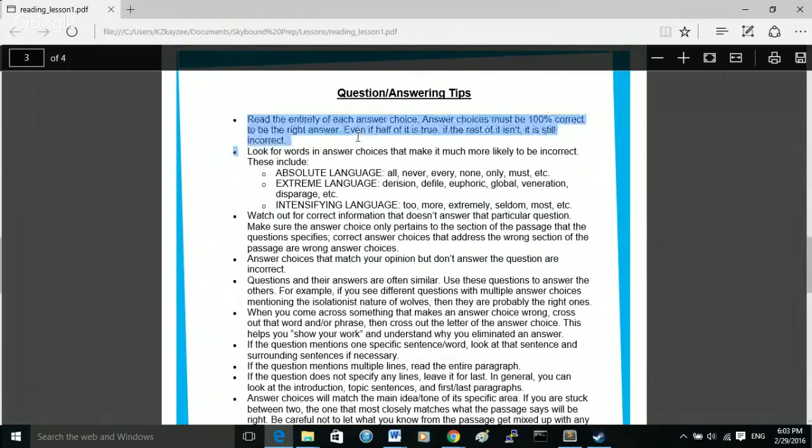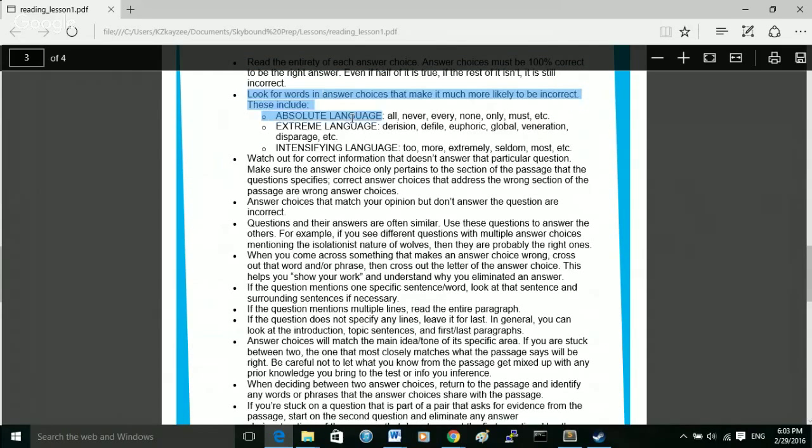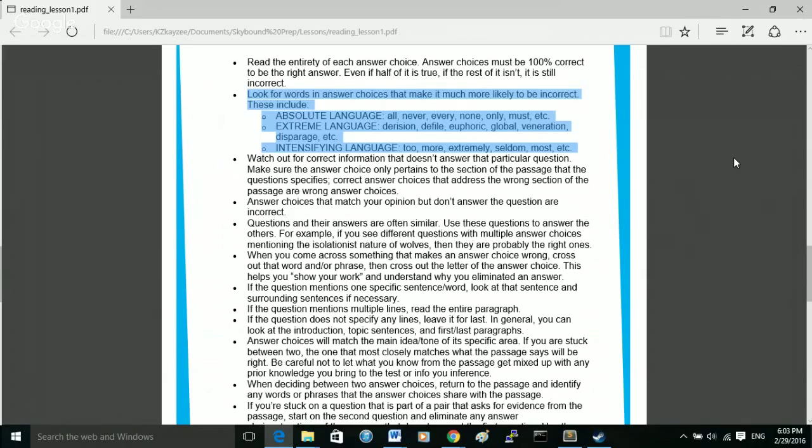Now, we're going to mention some question answering tips. Be sure to read the entirety of each answer choice, and the answer choice should be 100% correct for the whole answer to be correct. Even if half of it's true, if the rest of it isn't, then it's all incorrect. In the answer choice, make sure you look for words that make it incorrect, such as absolute language, like all, never, every, none, only, must.